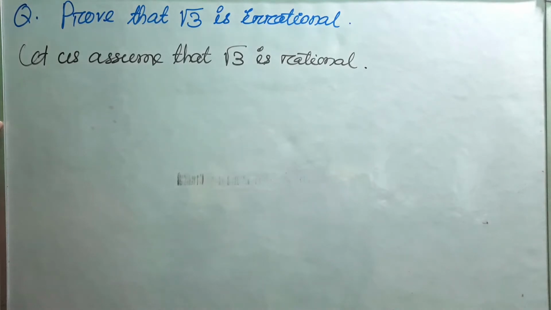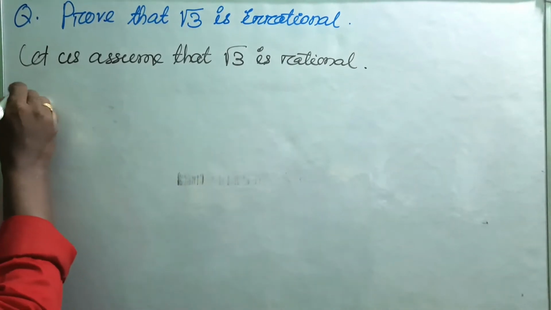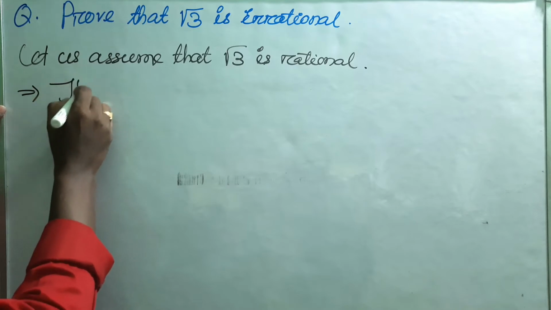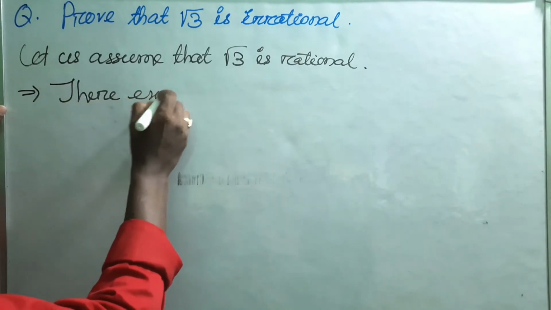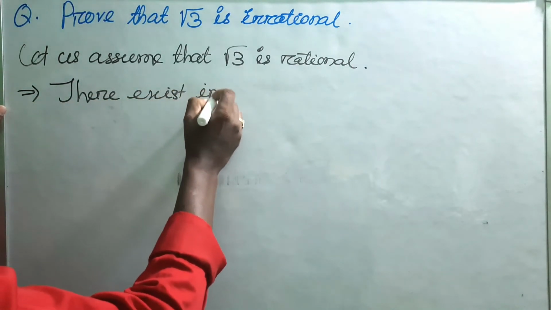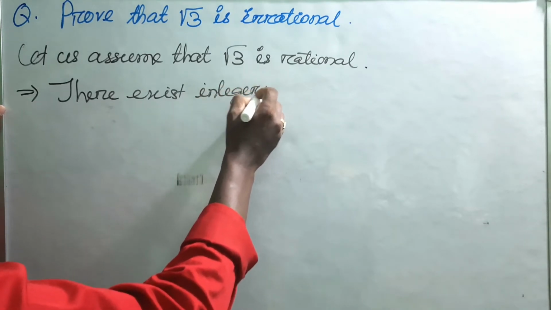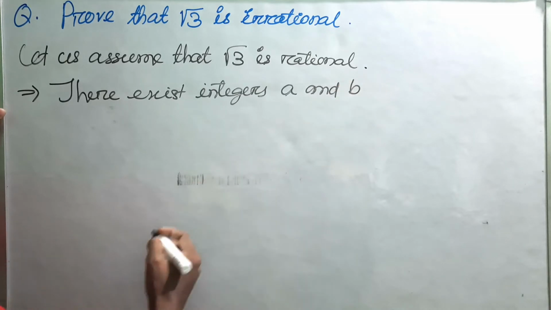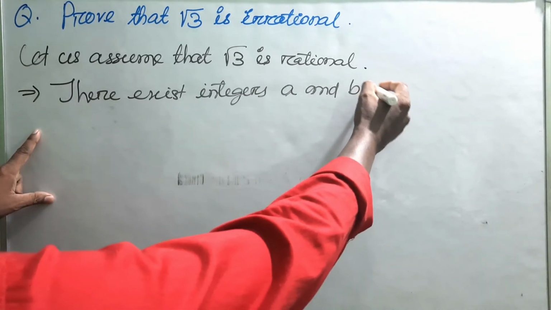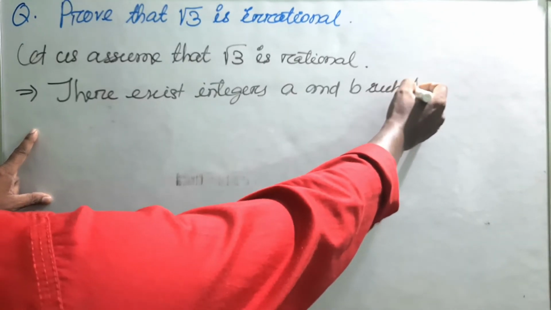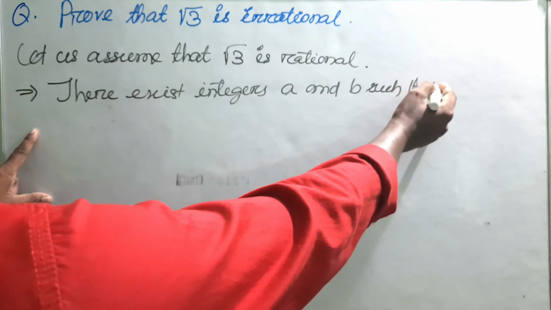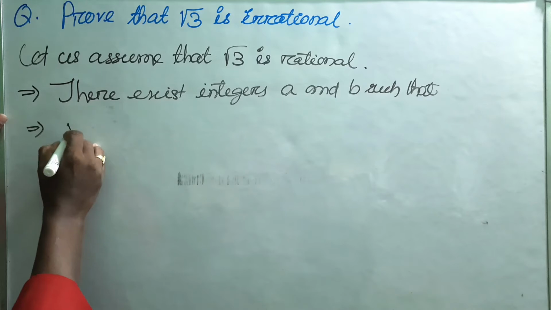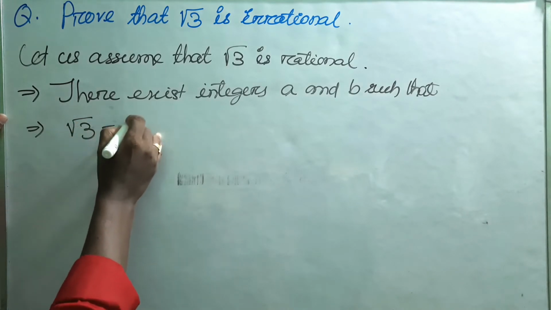Now, if root 3 is rational, then according to the definition of a rational number, there exist integers a and b such that root 3 is equal to a by b.